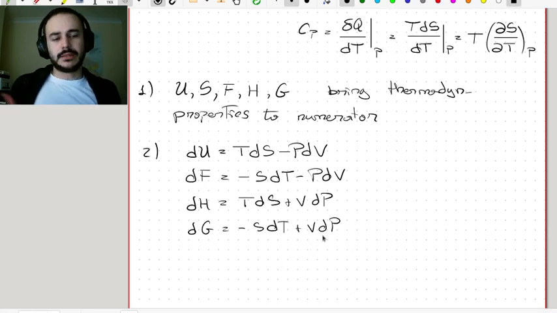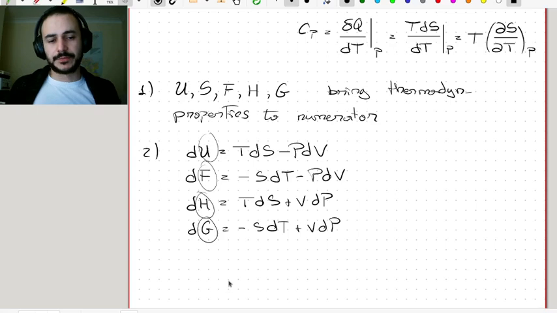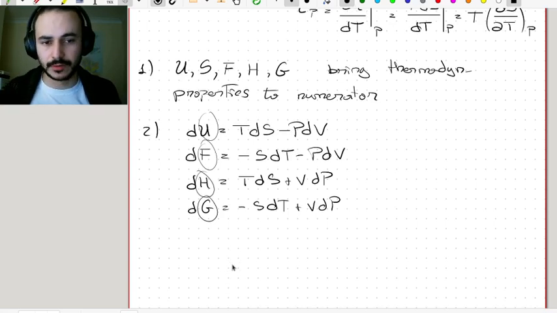And then after we've done that, we operate and simplify. We may have to use again the properties of the partial derivatives, and we may have to repeat steps 1 and 2 several times until we finally get rid of every single one of the properties of state. All the u's, f's, h's, and g's are gone from our expressions.